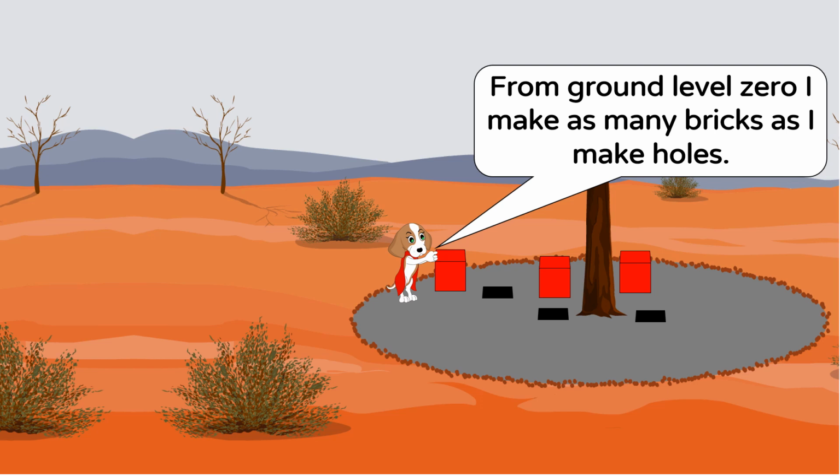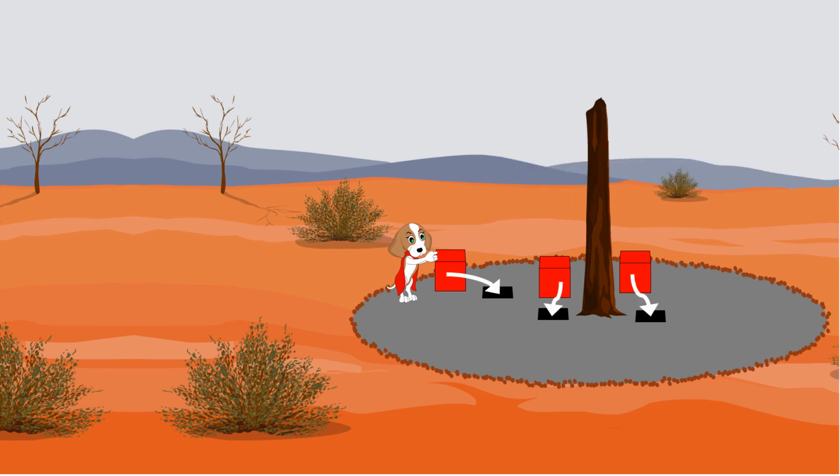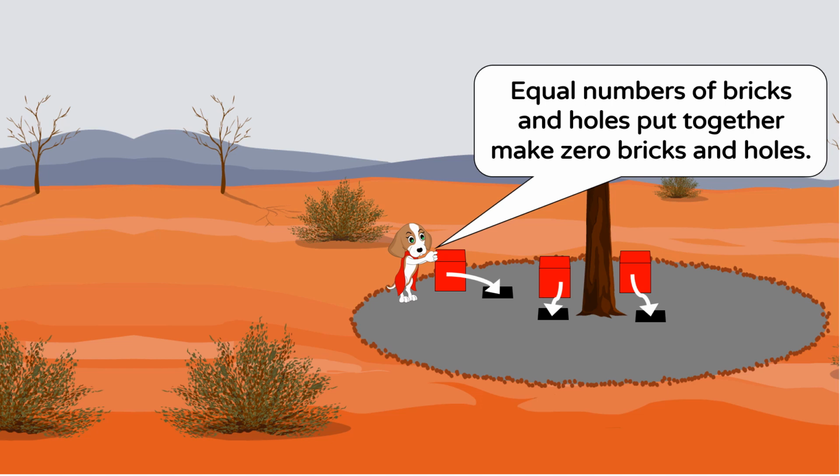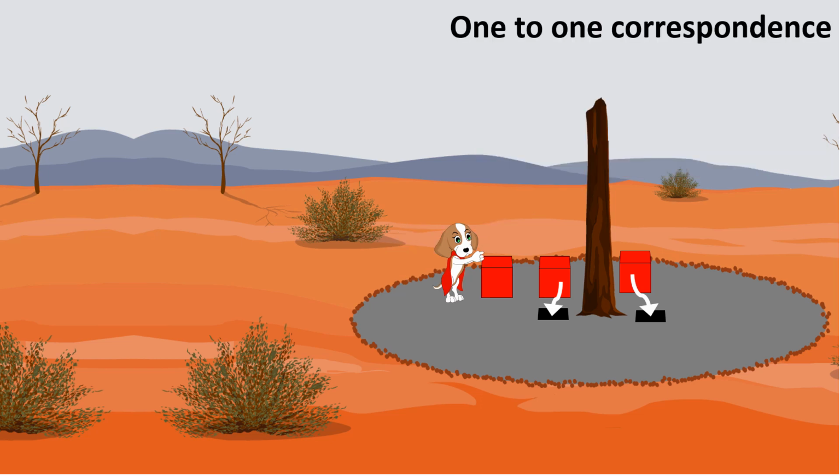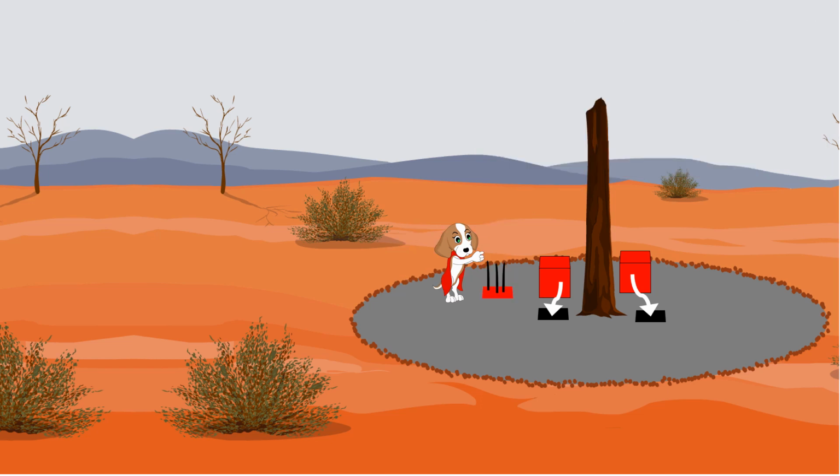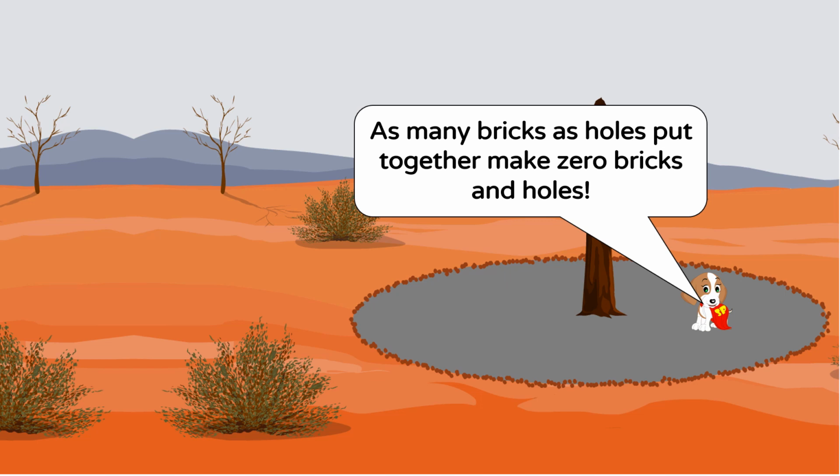Now this is all about the concept of correspondence, and you'll get more of these ideas coming through to you. So let's see what Podo does. Equal numbers of bricks and holes put together make 0 bricks and holes. So here's the 1-to-1 correspondence: a brick in a hole, a brick in a hole, and a brick in a hole, and put together, as many bricks as holes make 0 bricks and holes.